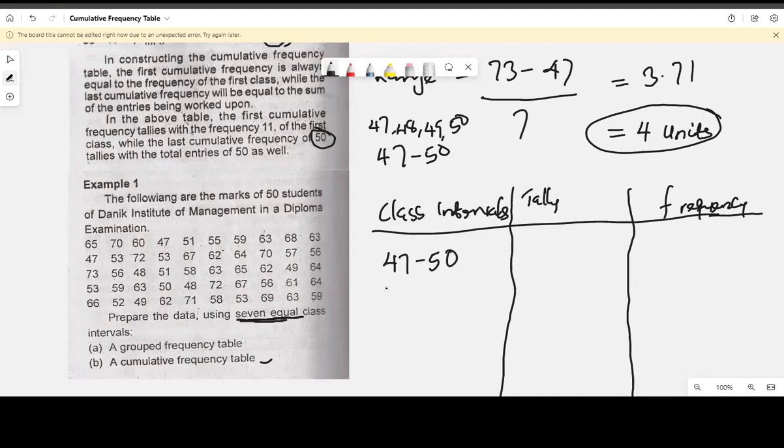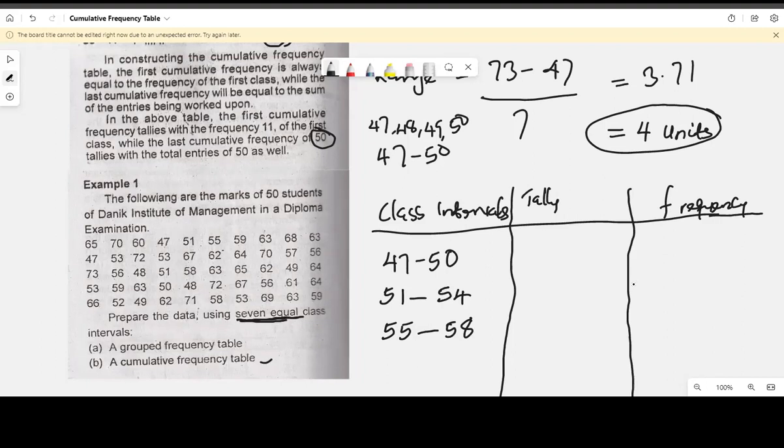Then after 50, we have 51. Remember, I want to have 4 entries here again. So 51, 52, 53, 54. So this one should end at 54. After 54, we have 55, 56, 57, 58. So this should end at 58. You count like that till you get to 4 entries. Each interval must have 4 entries.